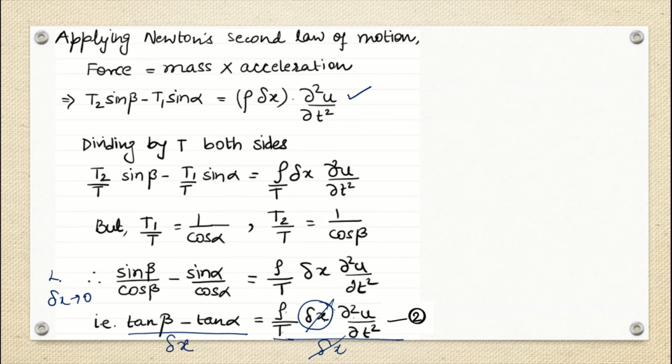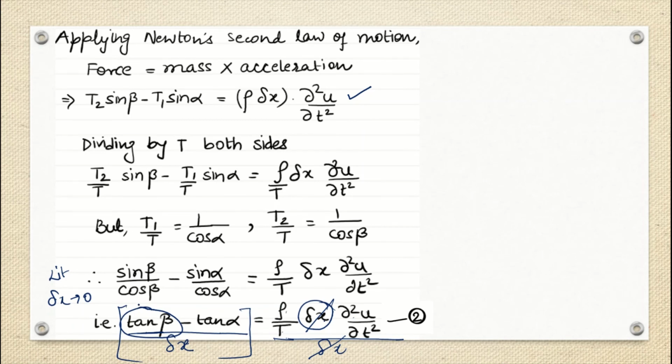If we take the limit where delta x tends to 0, this is the rate of change of slope between point B and point A. So what is the slope at point B?